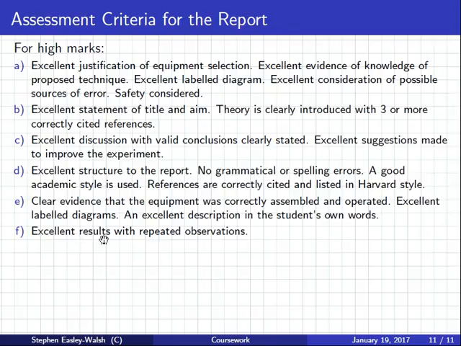Excellent results, meaning the answer with the uncertainty, with the units. Realistic uncertainty. For example, if you said 0.01 for the length, I would say that's not realistic. That's too small. Probably more like 0.1 centimeters, 0.2 centimeters maybe.